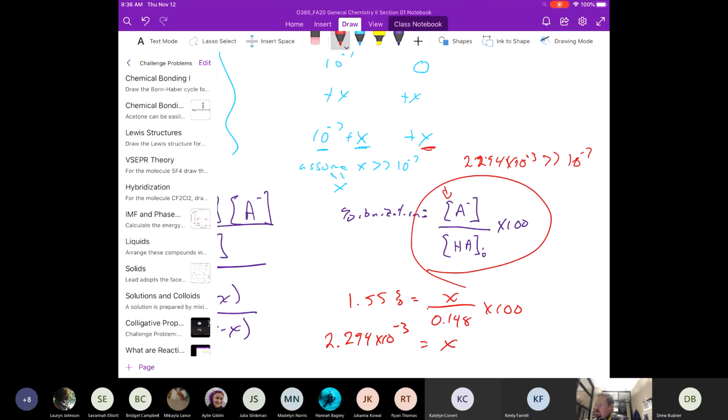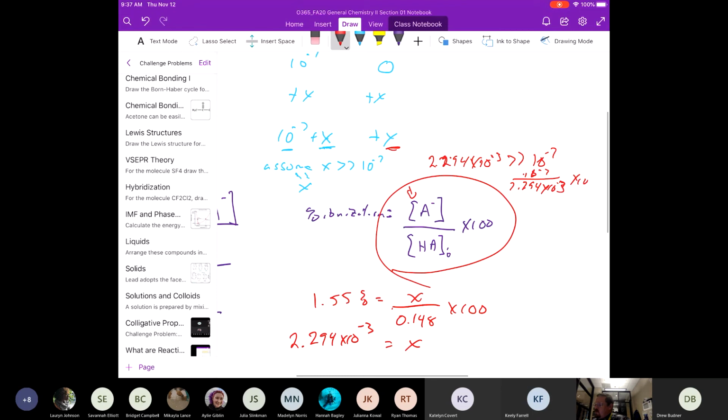And we can check it by taking 1 times 10 to the minus 7th and making that a percent of 2.294 times 10 to the minus 3. Let me do that math real quick.